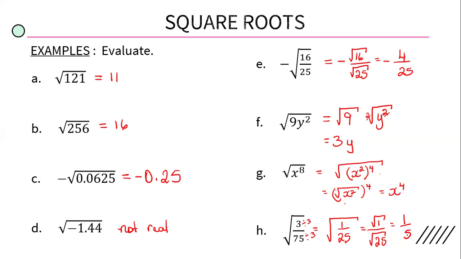Most of our calculators will take us immediately to 0.2, and some of our calculators will give us back our fraction. So either way, you get back the same solution. It's the same thing. 1 over 5 is 0.2. So you can use your calculator, or you can notice that 3 and 75 have 3 in common. So you can divide both numerator and denominator by the same number, and then take the square root of the separate values.